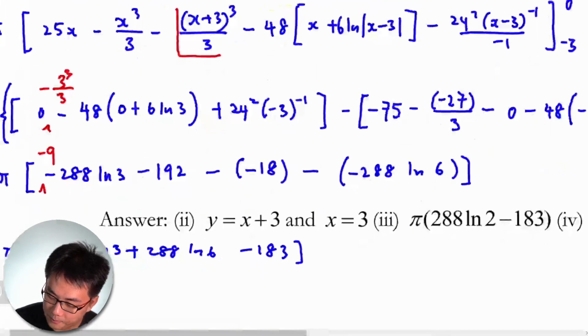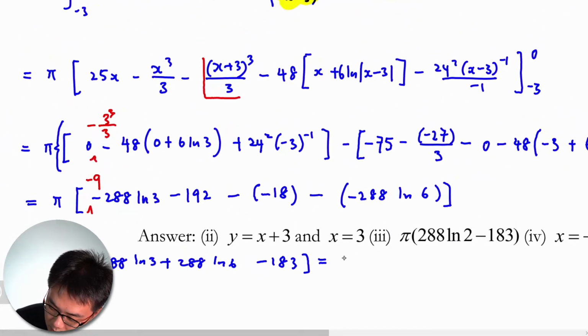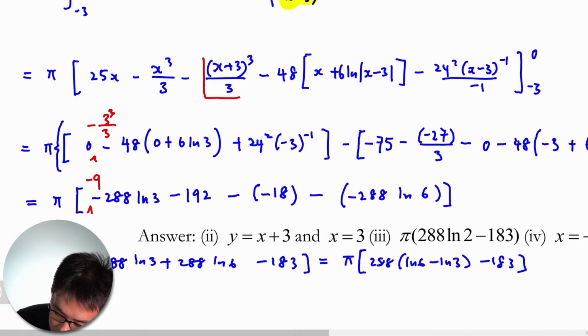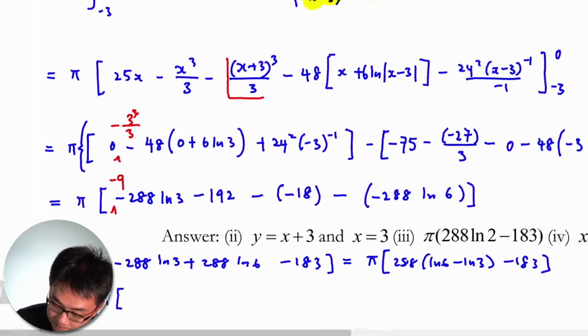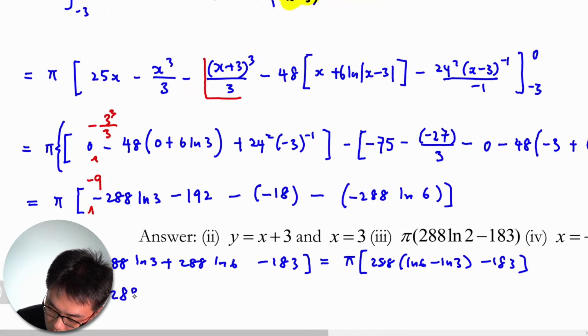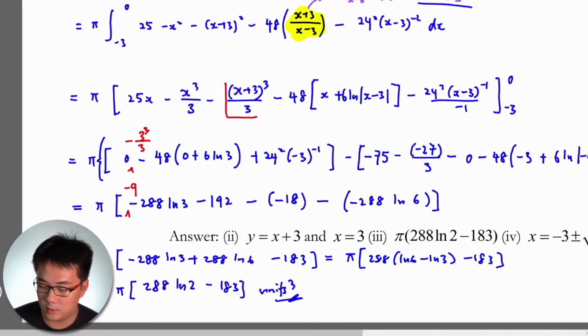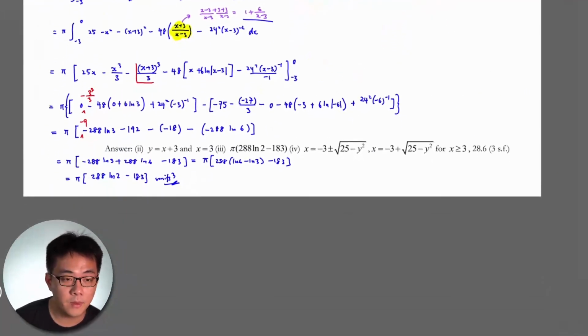So this is pi times ln 6 minus ln 3, which is actually ln 2, 6 divided by 3. So this will be pi times the result, in cubic units. Right, so that's how we do this part here.